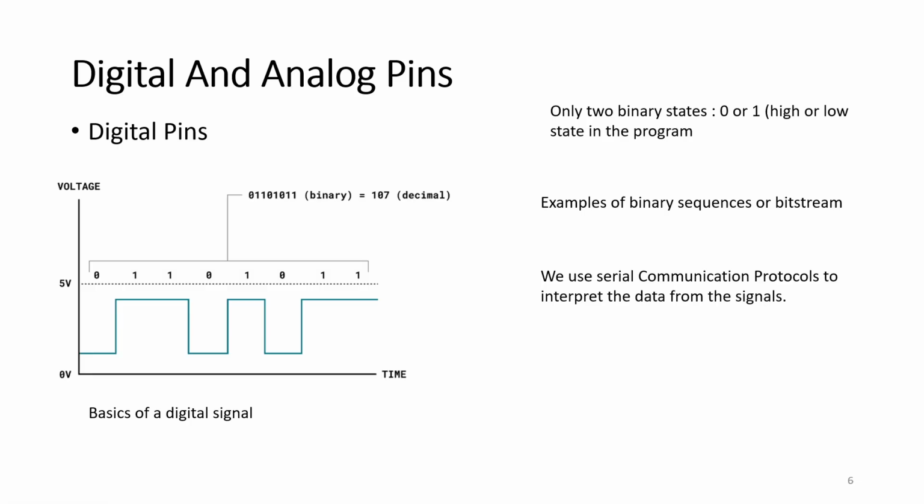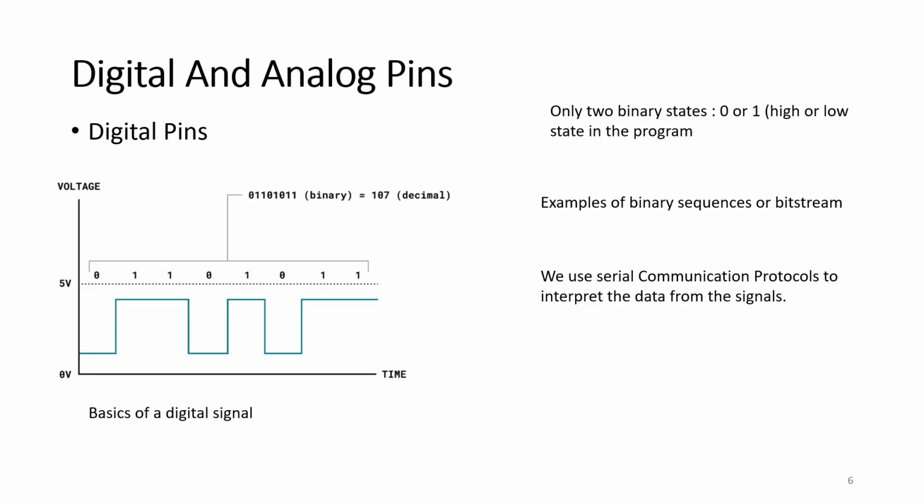The digital pins. Notice that all communication between electronic components is facilitated by electronic signals. There are two main types of electronic signals, the analog and digital. A digital signal works a bit differently, representing only two binary states, 0 or 1, that are read as high or low states in the program. This is the most common signal type in modern technology.